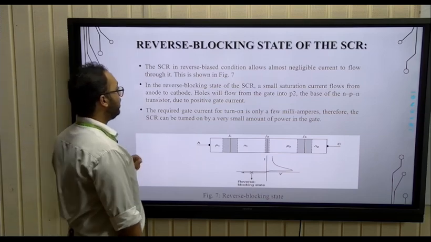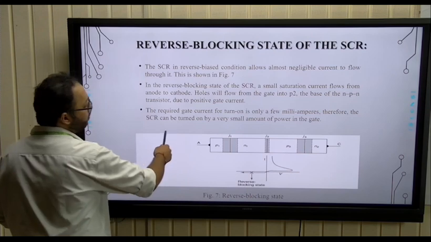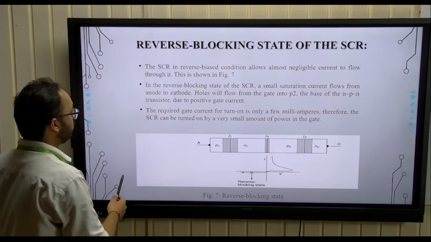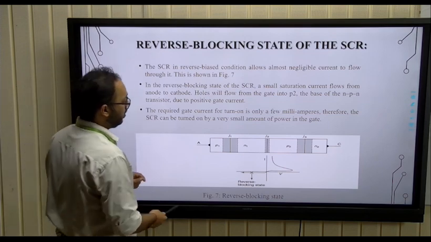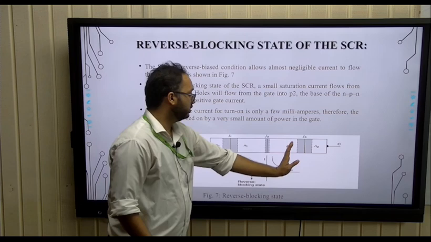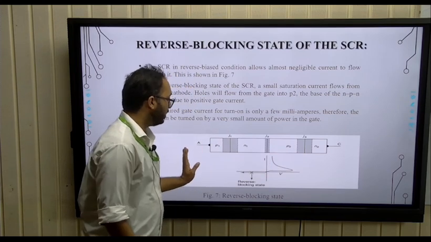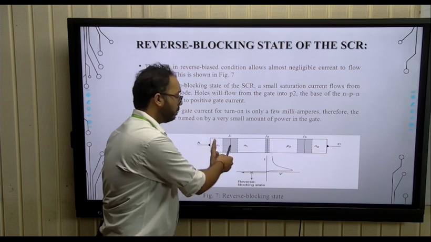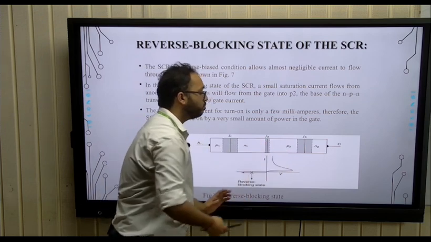Okay, and what does this do? Holes will flow from the gate into P2 and the base of the NPN transistor due to positive gate current. Because we have applied positive gate current, holes will be flowing from this to this side, but it will form a reverse junction diode, a reverse junction at J1 and J3.